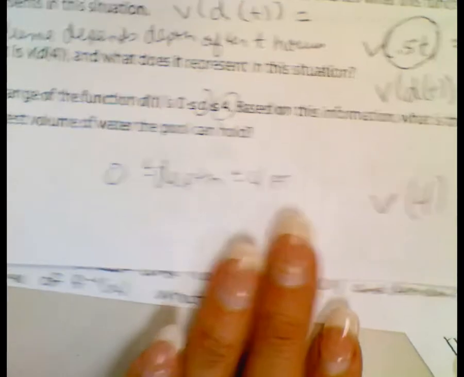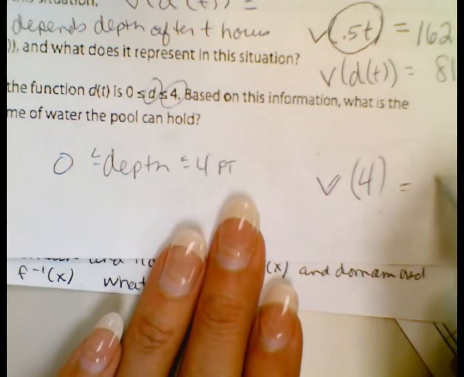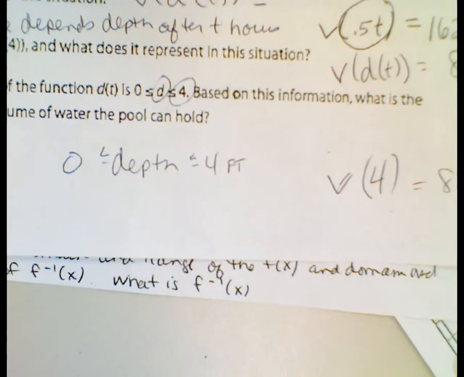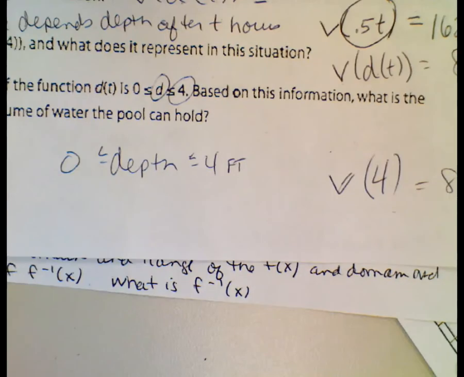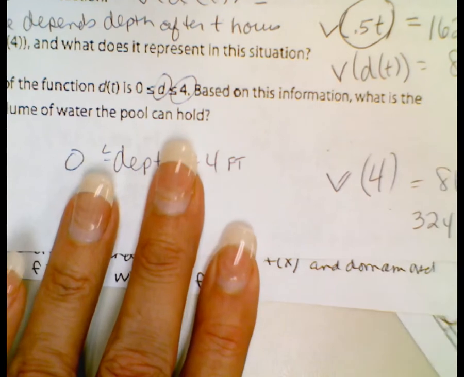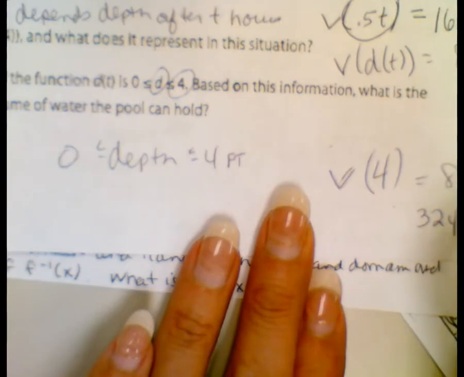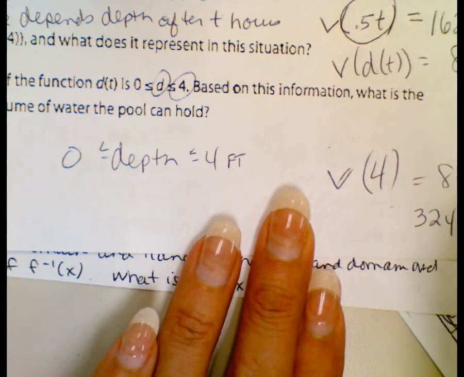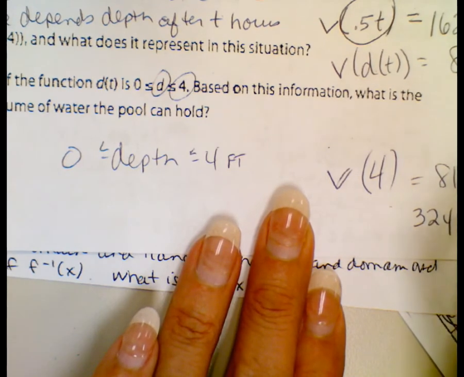So plug in a 4 right there. It's 81 times 4, which is 324. That is the greatest volume you can have, and what did it say it had to be in? Feet cubed.